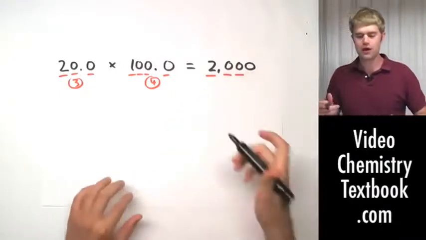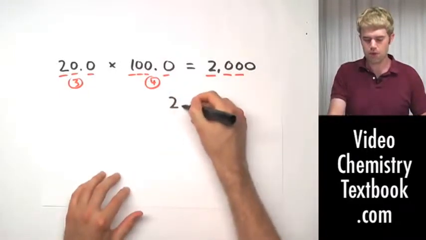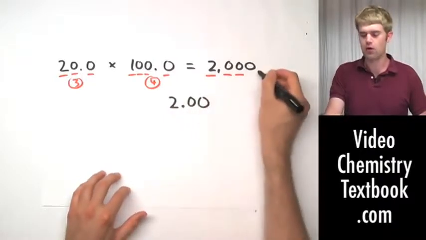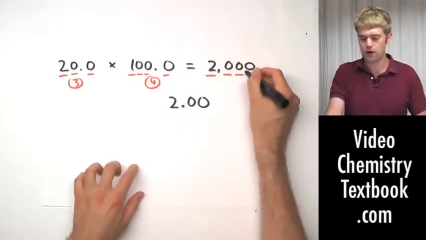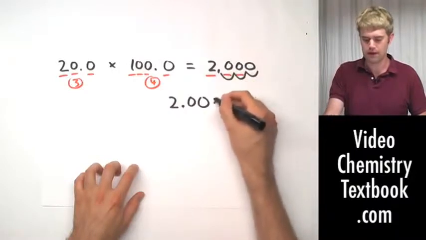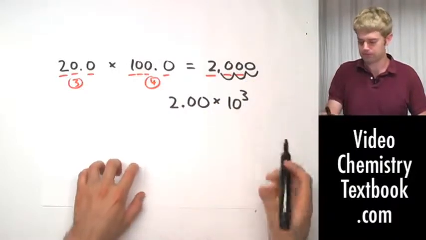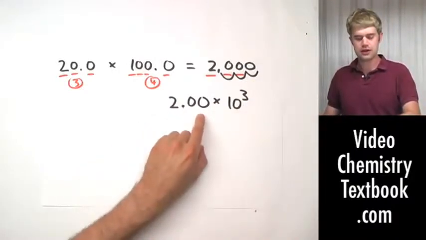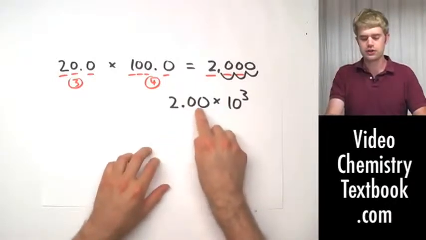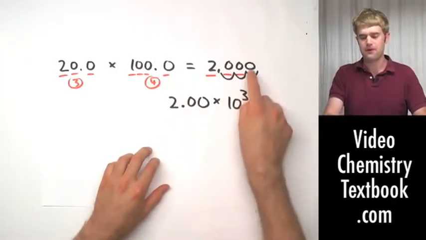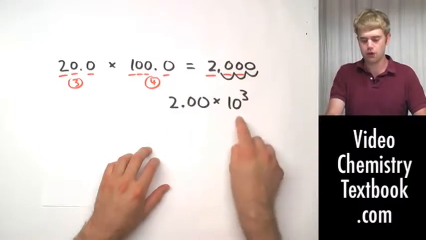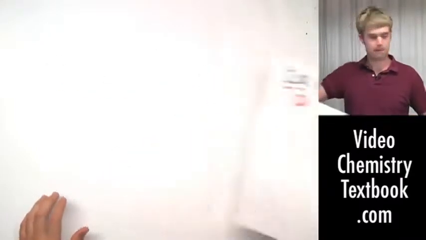Okay? So I'm going to write this as 2.00, moving the decimal place 1, 2, 3, times 10 to the third. Using this notation, I show that there are 2 significant zeros in the number, but that the third one is not significant. 2.00 times 10 to the third.